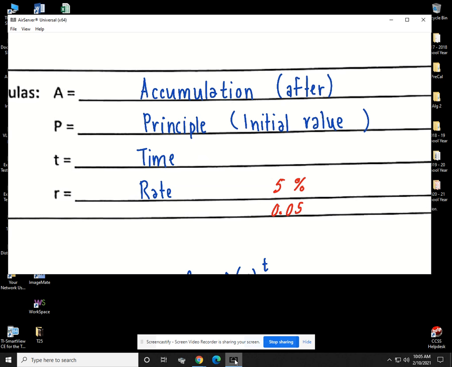I gave you an example: 5%, if I change that to a decimal, is 0.05. How many times did I move my decimal? 2 to the left. That's how you change a percent to a decimal. You got to remember that because that's the number one thing that gets missed. You move your decimal 2 to the left.